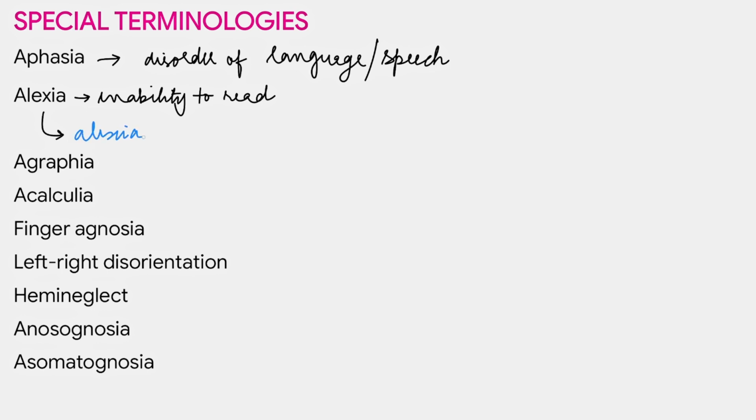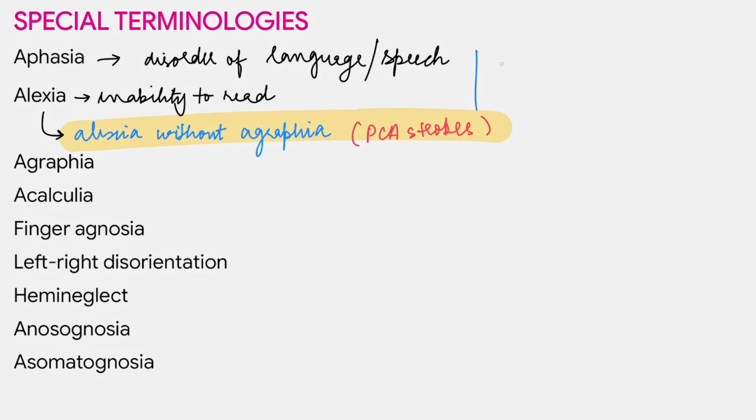There is alexia without agraphia, which is seen in PCA strokes. I think this is extremely high yield. Just for completeness, where do you see alexia with agraphia?